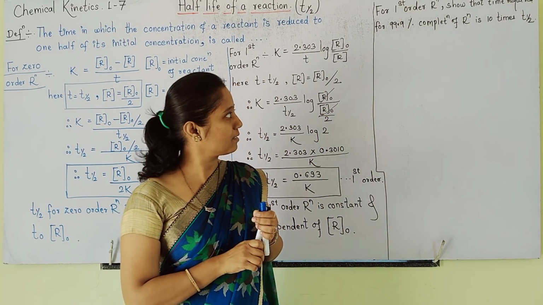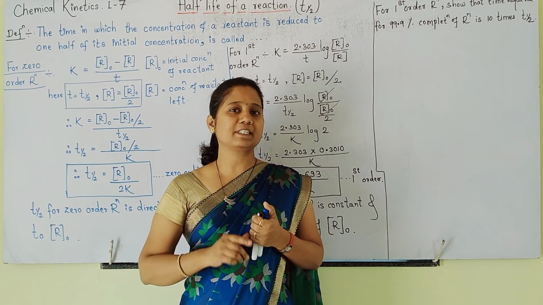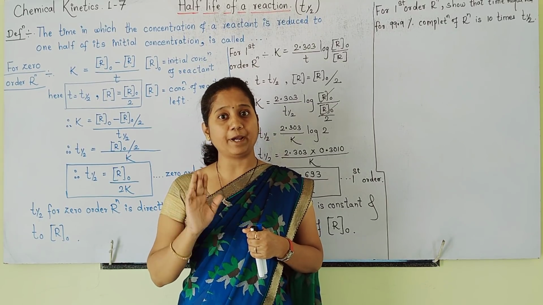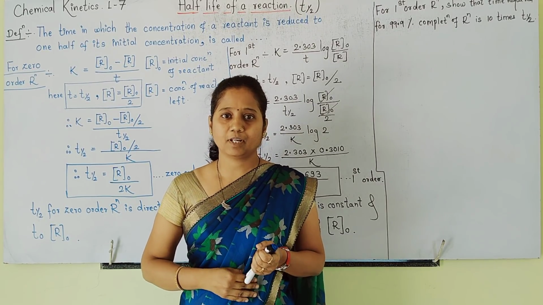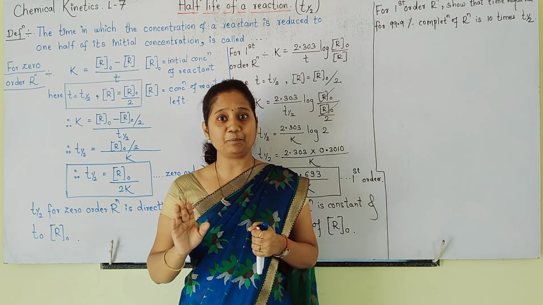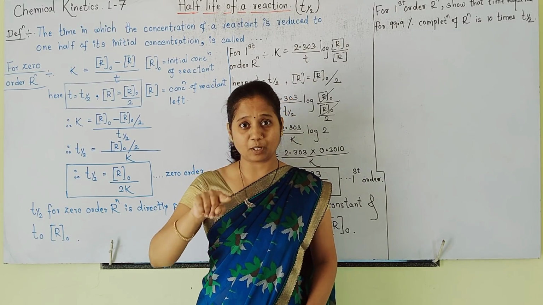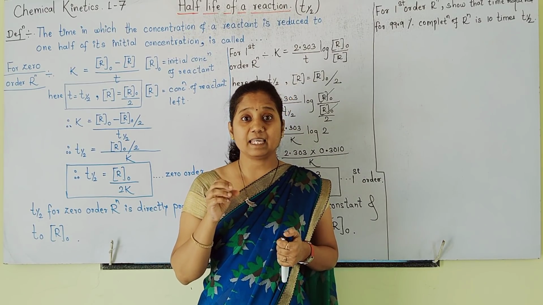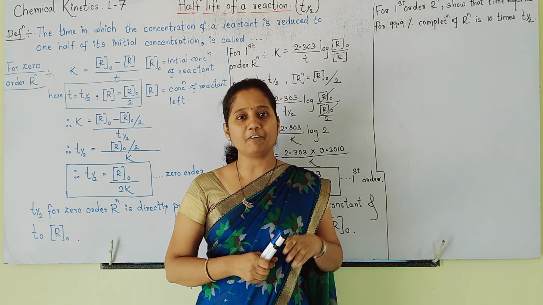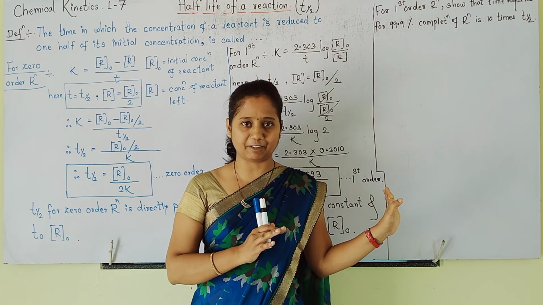Sometimes this question is asked. They will ask, for a first order reaction, the time required to complete 99.9% of the reaction, where approximately the reaction is over. How much time is required is 10 times the time required for 50% completion of the reaction. 50% completion of the reaction means half-life.